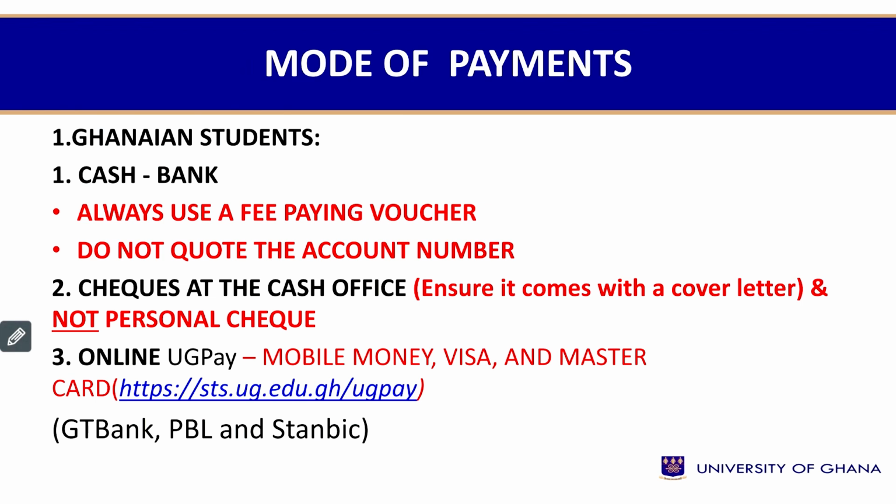Just make sure you quote your ID number, your name, and then the institution. We also accept checks from institutions. Assuming you are being sponsored by an institution and they pay your fees by check, you send the check to the cash office of the university. They will receive it and then issue a receipt to you. We don't accept personal checks.